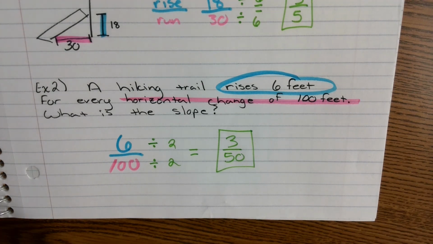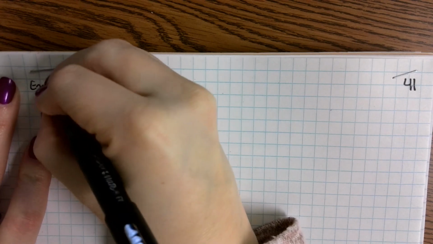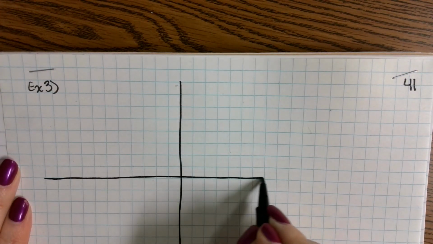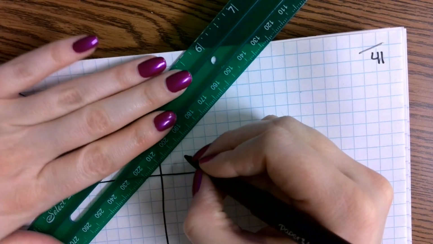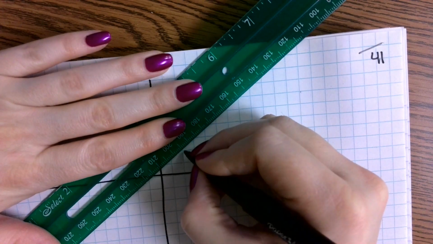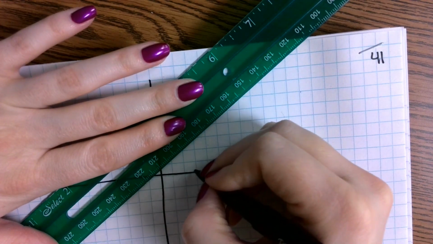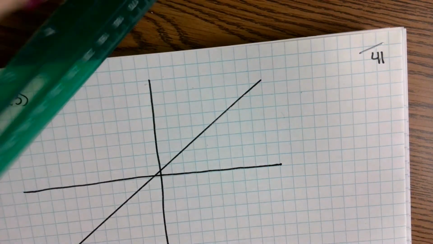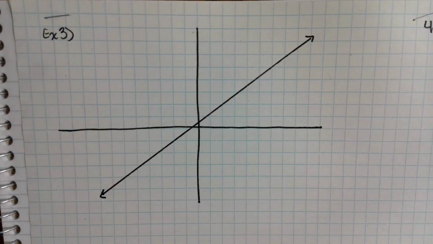All right, go ahead and turn to page 41 where the graph paper is. When you are finding the slope on a graph, a lot of times they're just going to give you a line.